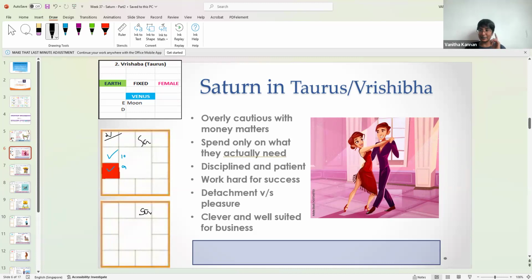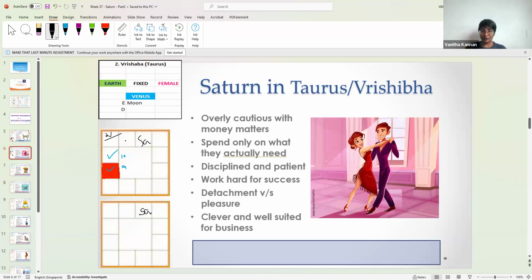Here comes communication. They are very disciplined and they know what to speak and when to speak, and their words come very cautiously. They won't blabber like anything. They say exactly what they want to say. Sometimes because of their communication, it will lead them to success.